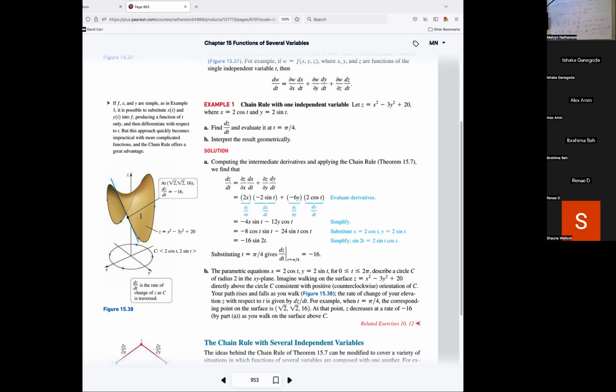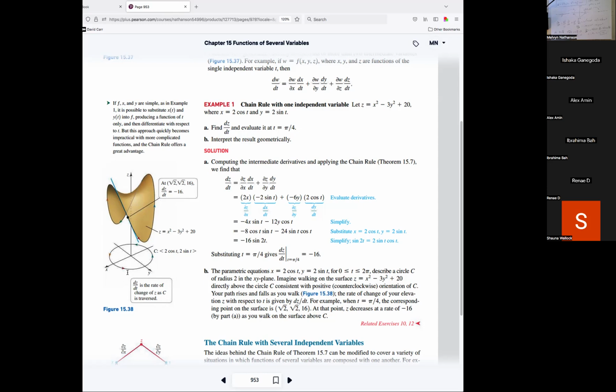And that circle is some sort of curve on this hyperboloid. And we want to know what is the derivative of z with respect to t. Minus 16 is the value at this point.